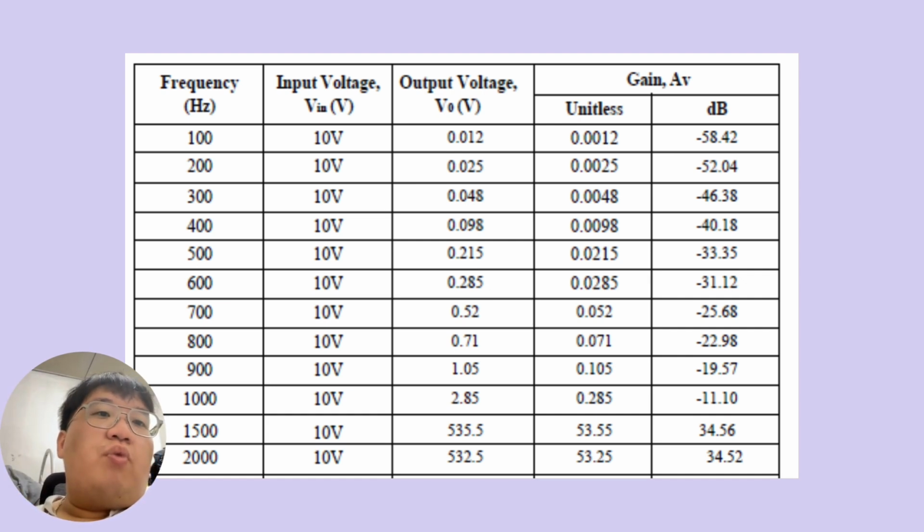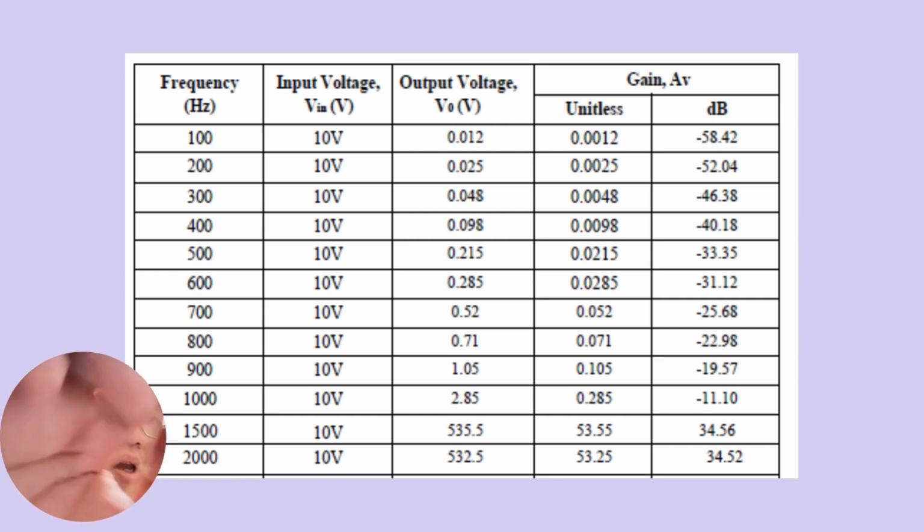We set the function generator starting from 100 hertz, as you can see over here. When we set it to 100, the input voltage will be 10 volt and the output voltage will become 0.012. That's all we got from the simulation physically.